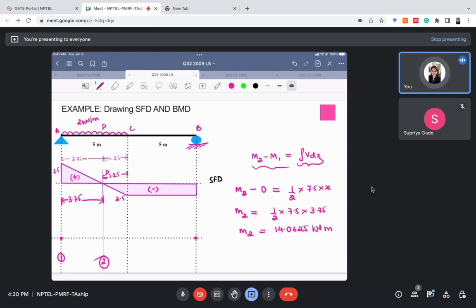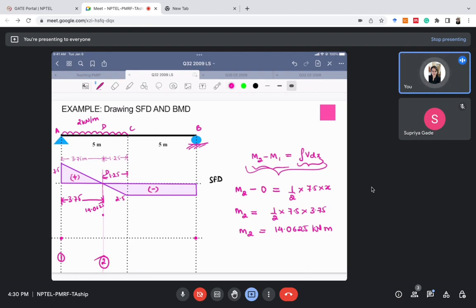So M2 we have calculated using this formula, M2 minus M1 equal to area of shear force diagram in that particular section. So the value of M2 is coming out to be 14.0625. Now I have marked this point 14.0625.